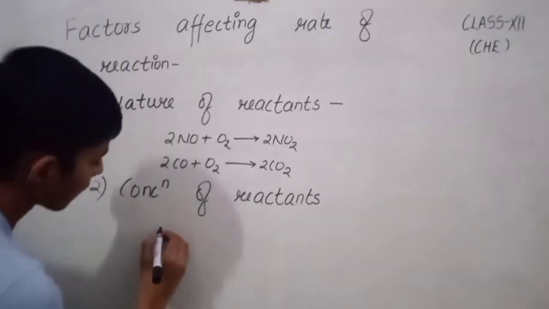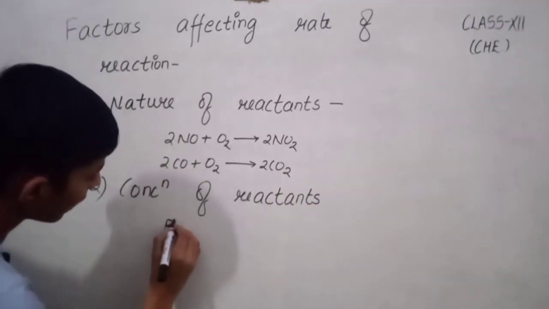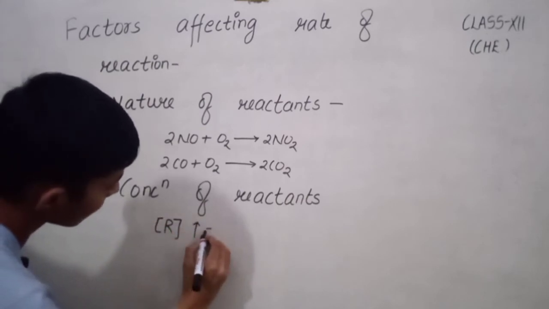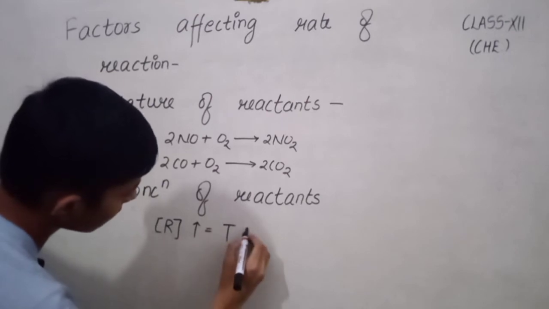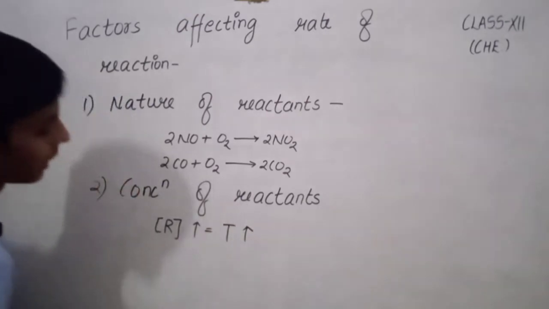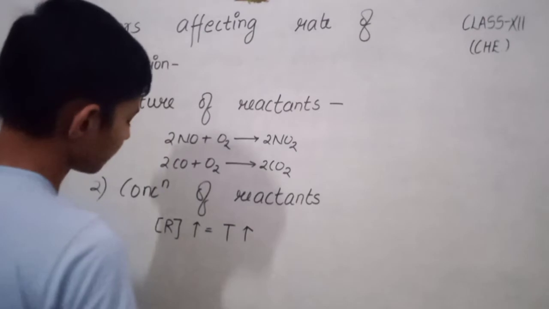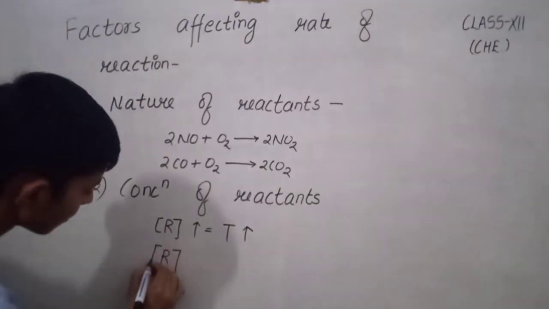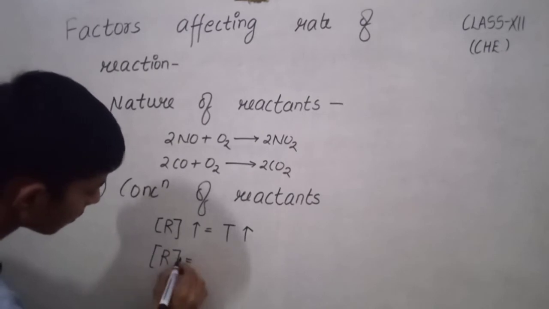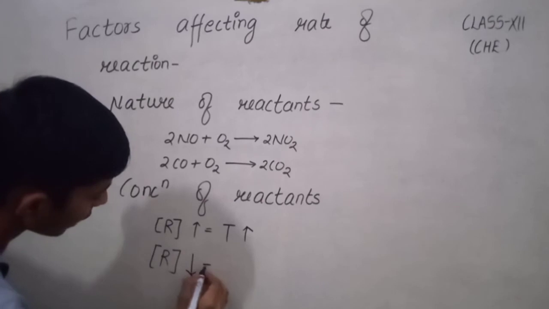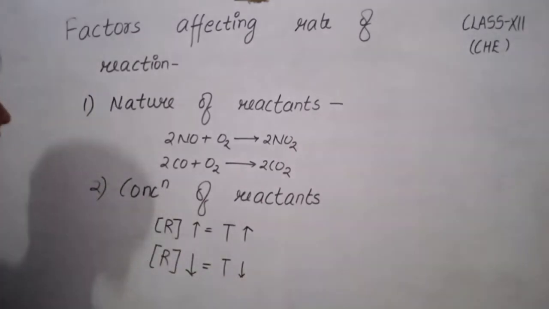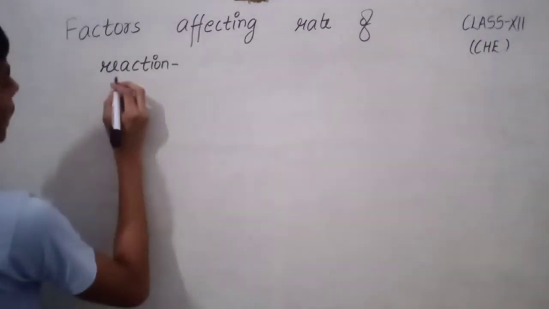As we know that if we increase the concentration of reactant, then the rate will also increase, and if we decrease the concentration of reactant, then the rate will decrease.